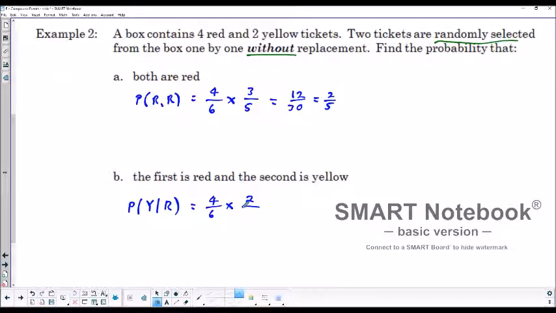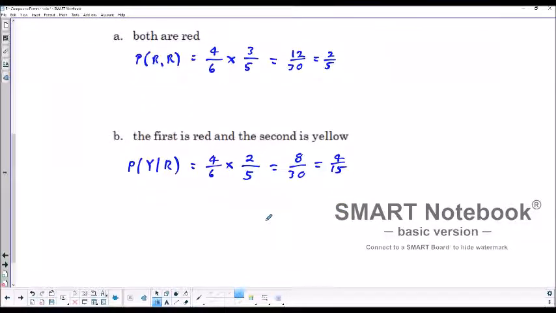And there are only 5 total tickets remaining, because 1 has already been chosen. So that's why we have 2 over 5 in that case. Then we multiply straight across, and we get 8 out of 30, which simplifies down to 4 over 15. So there's a 4 in 15 probability that you select a yellow ticket, given that a red ticket has already been selected.